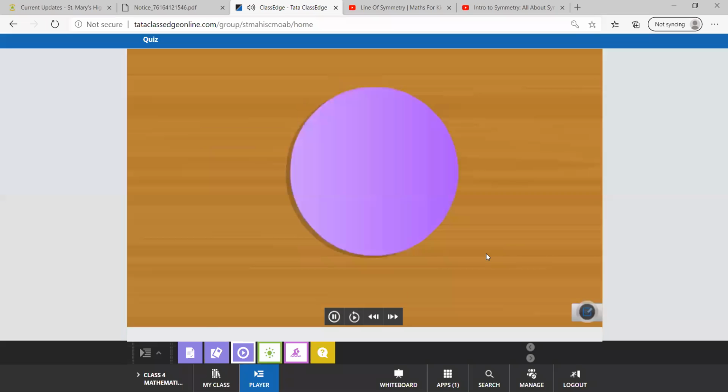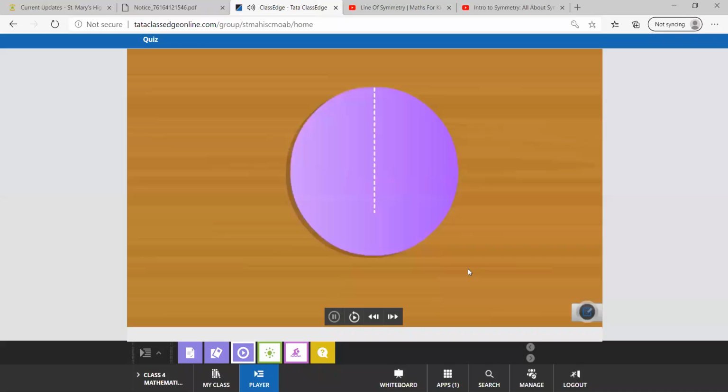Okay, Pasha's third shape is a circle. Click the Fold button to see it fold against this dotted line. So we are folding to check whether it is symmetrical or not. The circle gets divided into two identical parts when folded along this line. Thus, it is a symmetrical figure, and this dotted line is an axis of symmetry for the circle. Did you note that this line is actually the diameter of the circle?